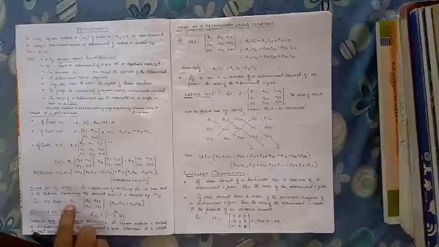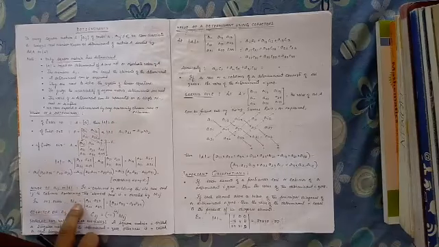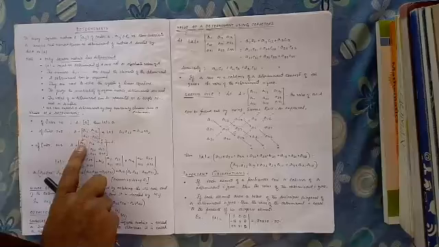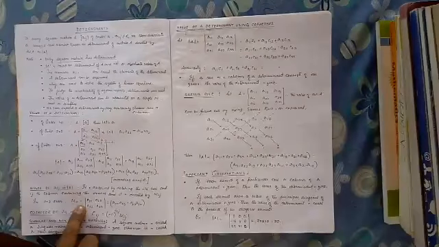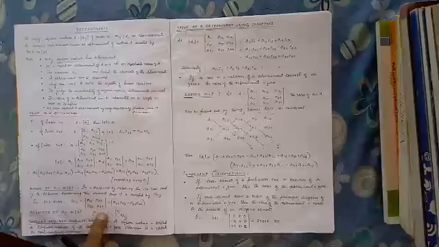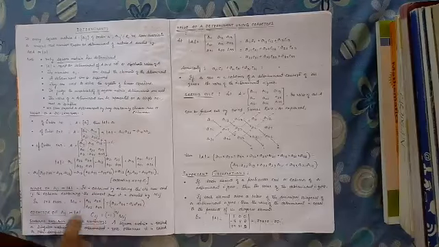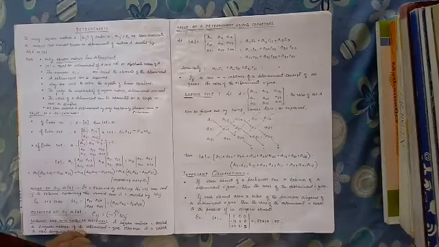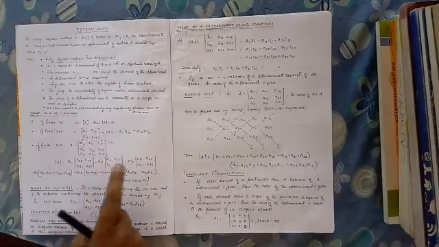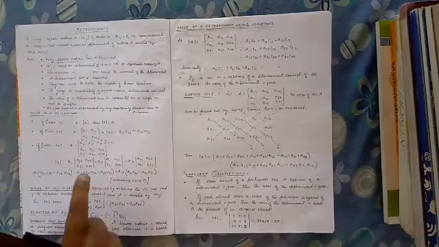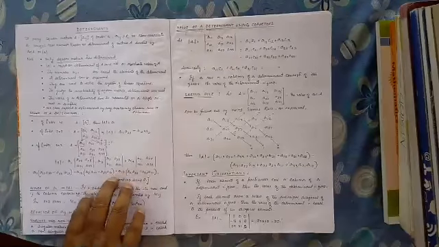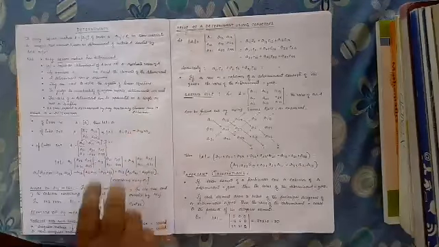It is represented by capital M, M for minor, 11 for first row and first column. Now a22, a23 and a32, a33. If we calculate this, we will get the numerical value, whether real or complex, and that is the minor of that element. Remember, the minor of an element does not have any sign.